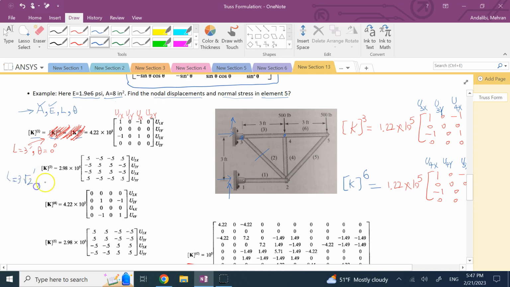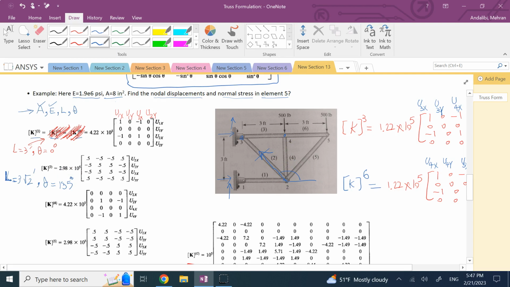And what's the angle theta? Well, here, if we put the origin at the node that is at the bottom, then the angle here for this member is going to be this angle. So the angle is 135 degrees.